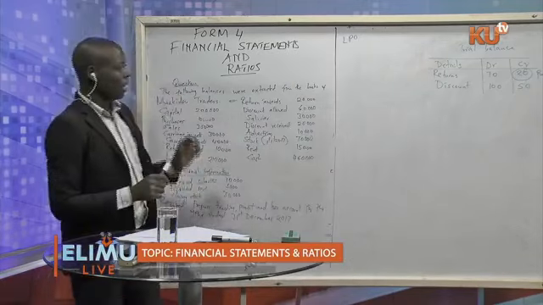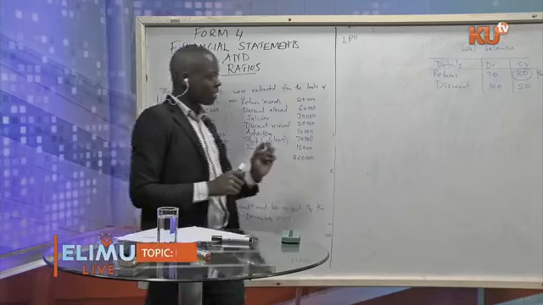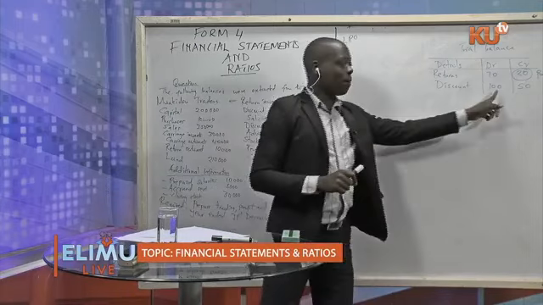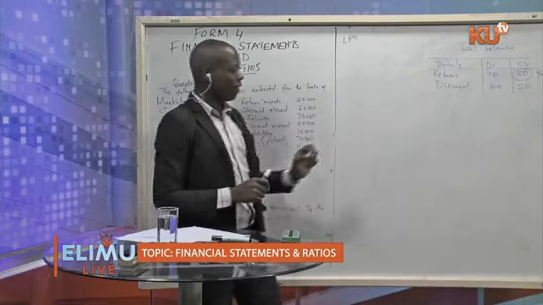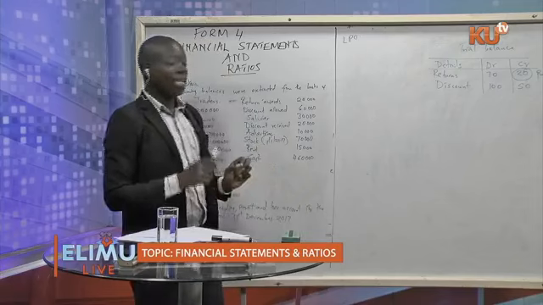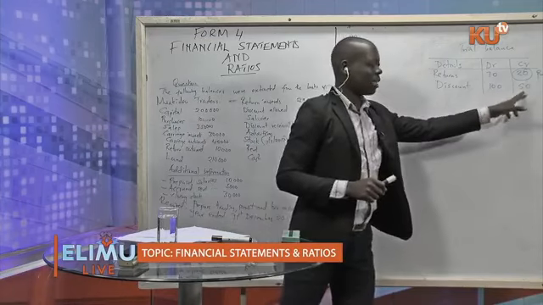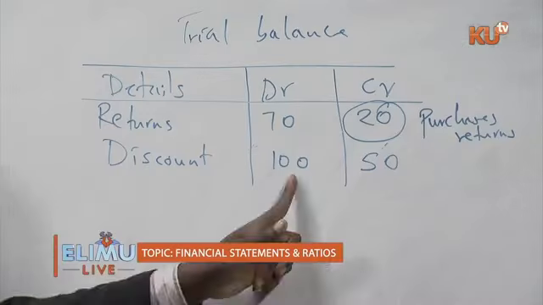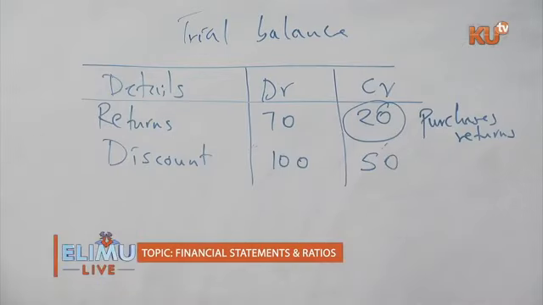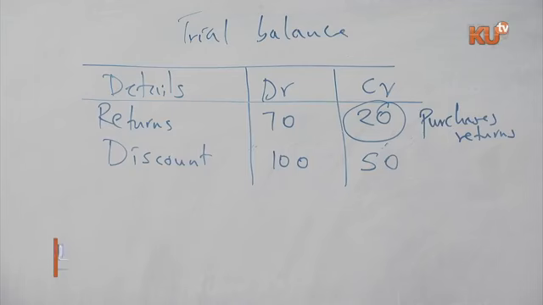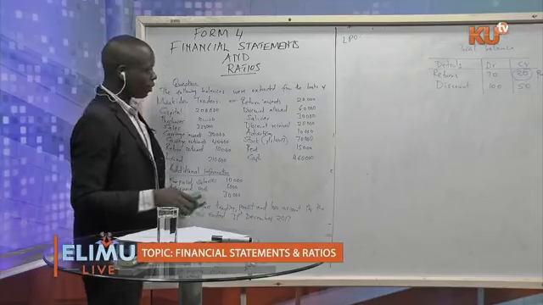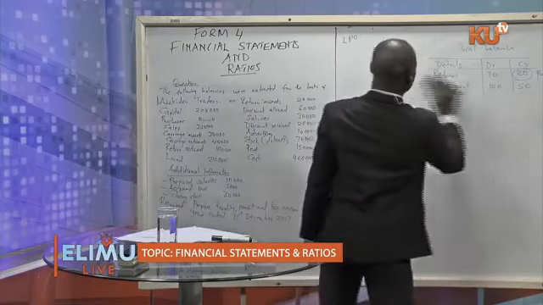Discount allowed by the business is an expense, and all expenses have debit balances. Discount received by a business is an income, and all incomes or revenues have a credit balance. So you'll be able to tell this is discount allowed and this is discount received. That is how we identify such kinds of tricks that the examiner may bring to students.